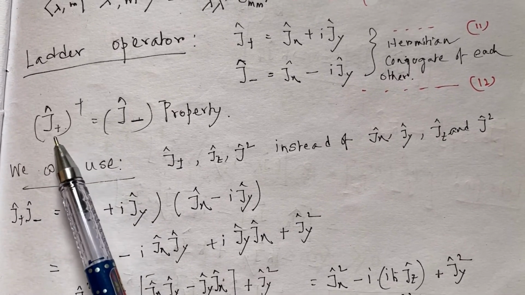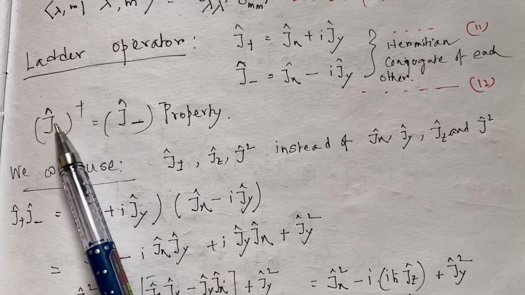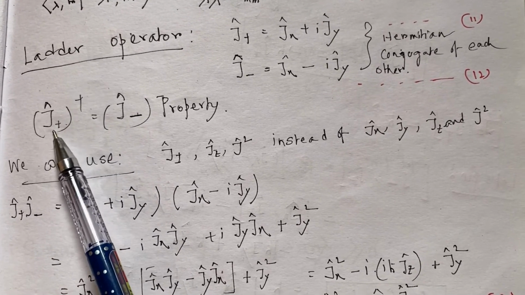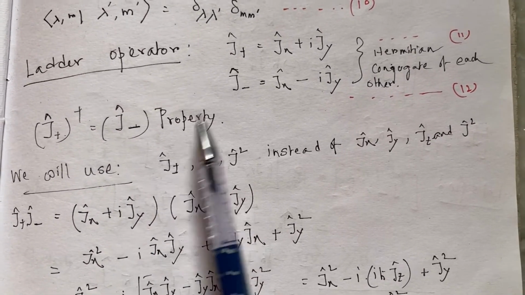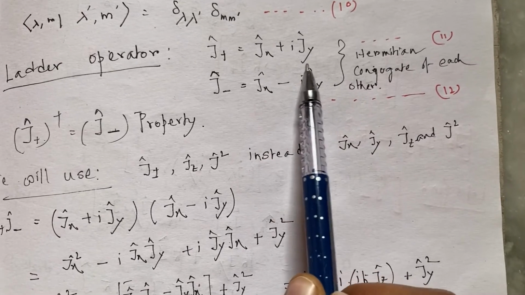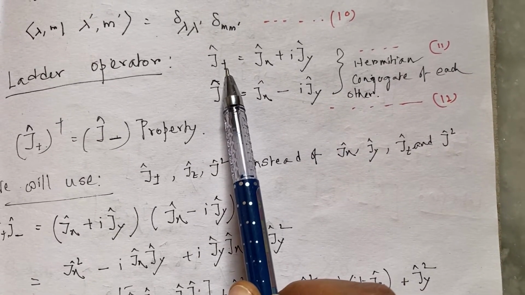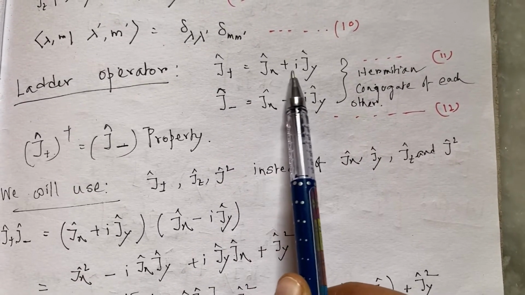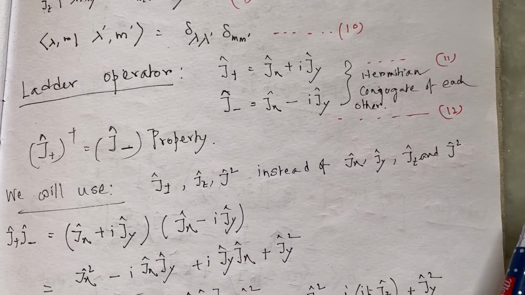So we can write J plus dagger. If I take the Hermitian conjugation of this J plus operator, I will get this J minus operator. This is the property, because from this we can readily see that if I take the Hermitian conjugation of this J plus, then I will have a minus sign here, which is just this J minus.